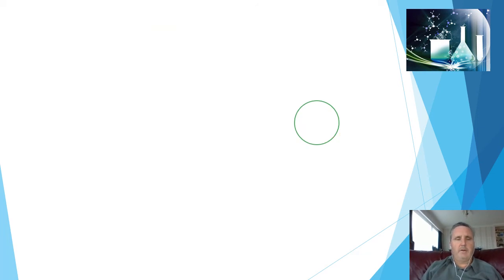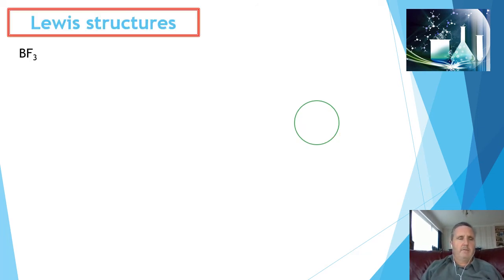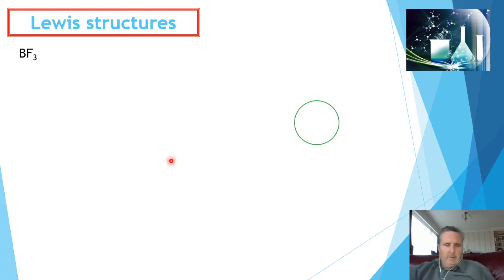Okay, so the last example I've got here is one that often comes up because it's just a wee bit different, and that's boron. So boron trifluoride here is a bit different, and the reason it's different is because of our boron atom. Now our boron atom only has 3 electrons at the start. Right, so if you were to draw the Lewis structure for boron, you would have 1 electron, 2 electrons, 3 electrons.